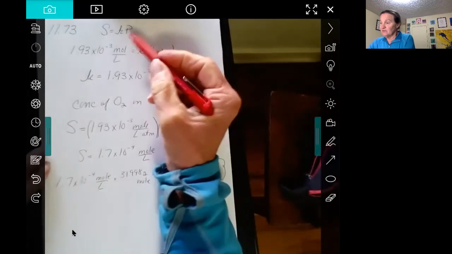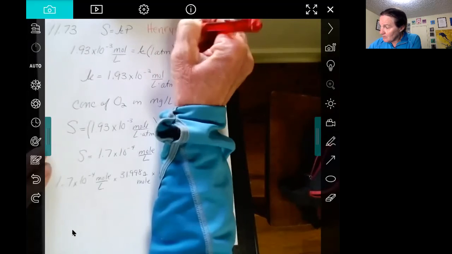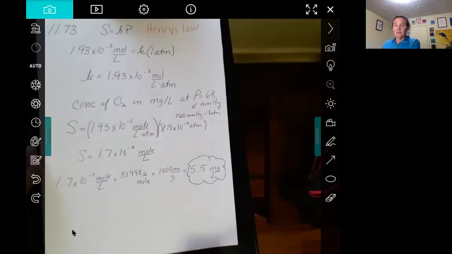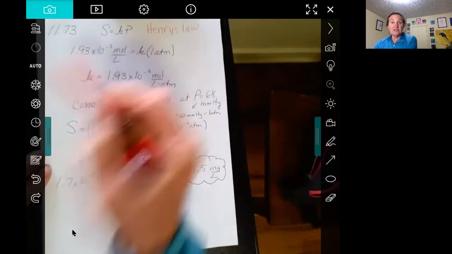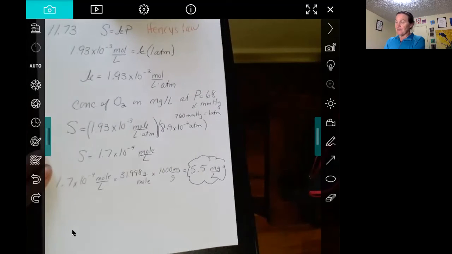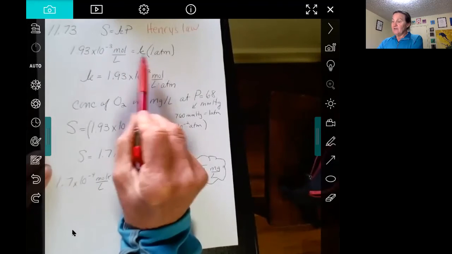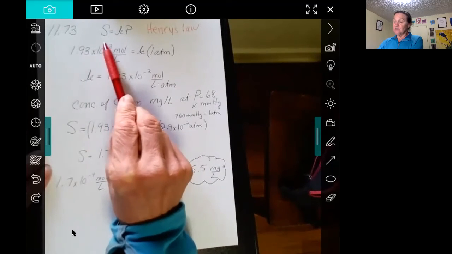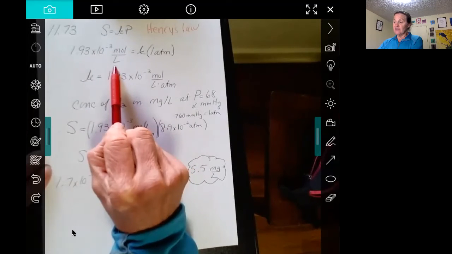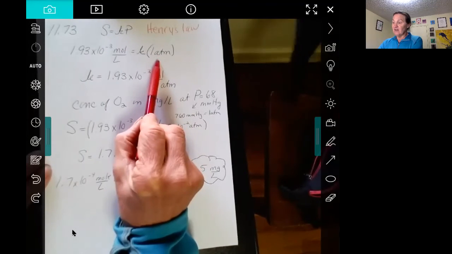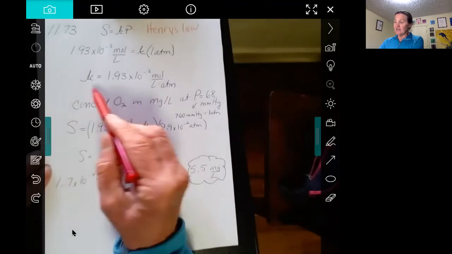And so we're going to be using Henry's law, which says solubility, capital S, is equal to Henry's law constant K times the pressure of the gas above the solution. The first thing they tell us is that we have a solubility of 1.93 times 10 to the minus 3 moles dissolved in a liter of water if oxygen's pressure is 1 atm. And from that I can calculate K.